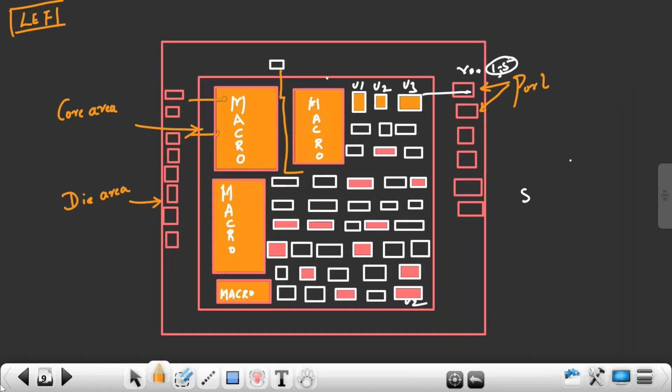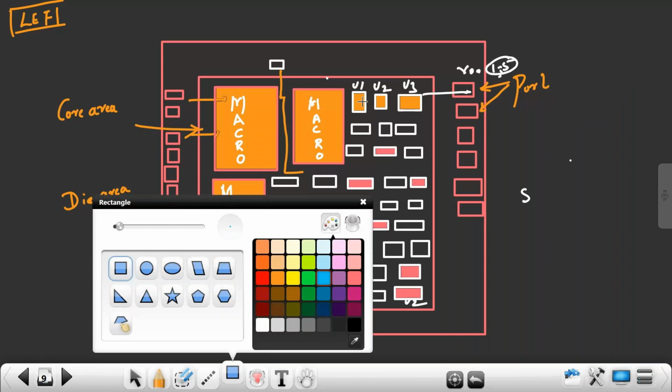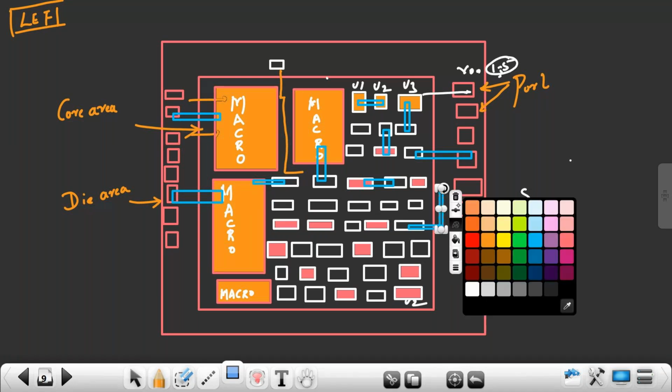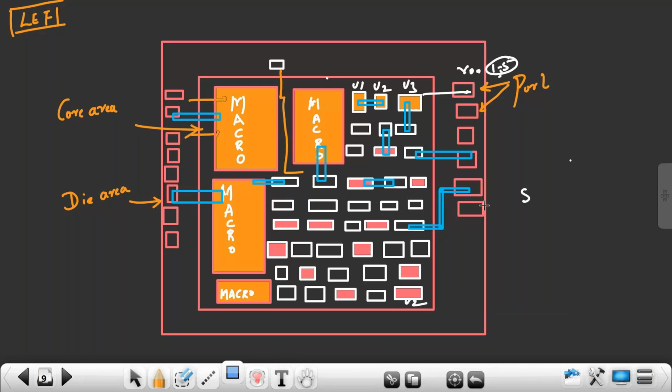So connect that through metal layers. Right? So the last step is to connect the cells, macros, and ports. Connect the macros, cells, and ports by using what? By using metal layers. That is called as what? That is called routing.